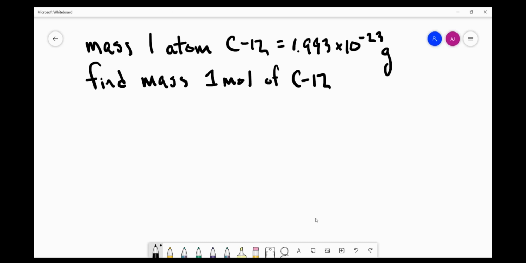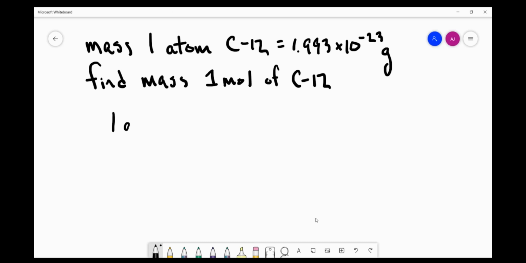As we move through this unit, there will be formulas that you can use, but at its basic level, it's all about setting up ratios. And if you can figure out how to set up a ratio for a problem, it will help you in the long run of understanding what is happening with all of the quantitative chemistry we're looking at. So let's set this up here.